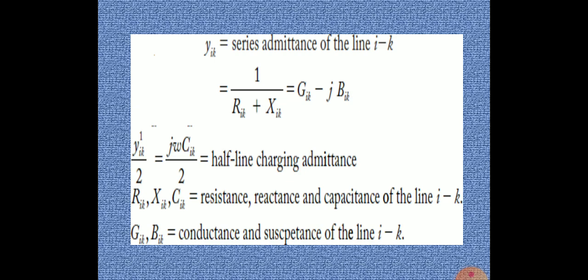On reciprocal, we can write it as G of IK minus J of B of IK.